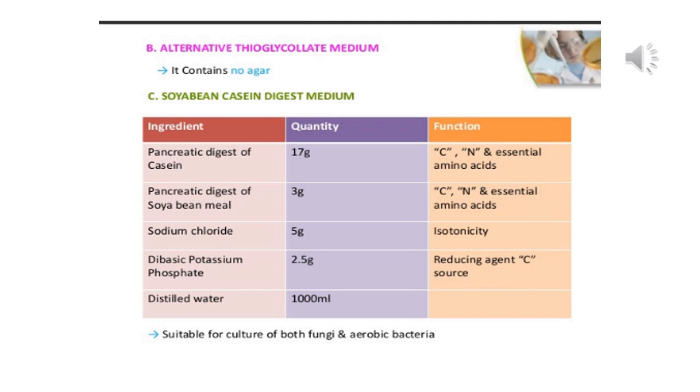The third one is your soybean casein digest medium. Now this particular medium is specially used if you suspect that the contaminant in your product is a fungus. Okay, so again, the highlight is this culture will be used for fungi as well as aerobic bacteria.